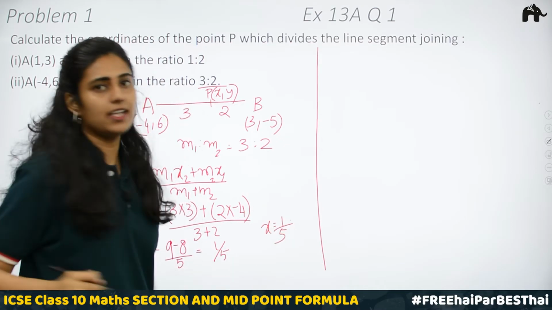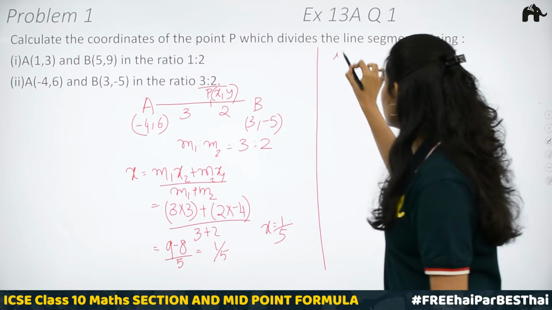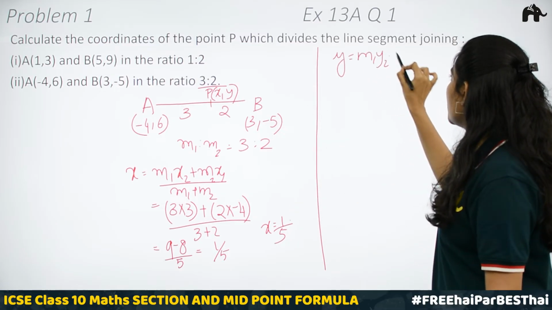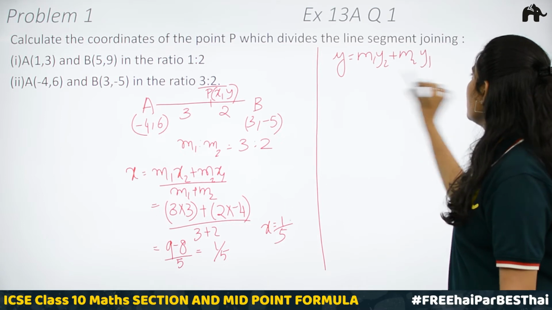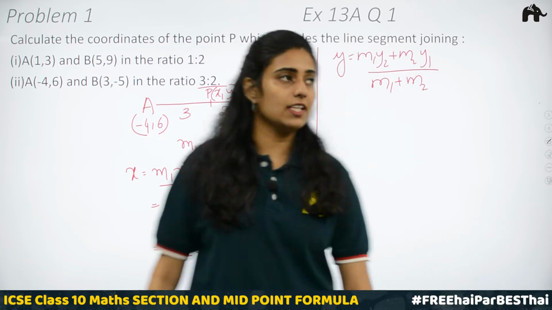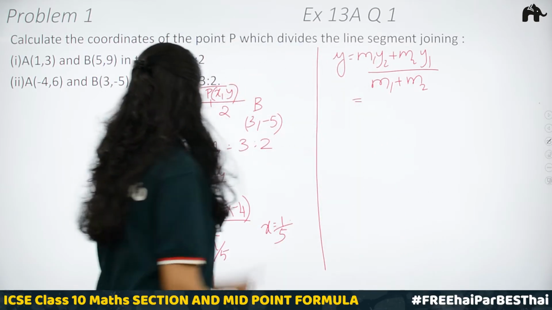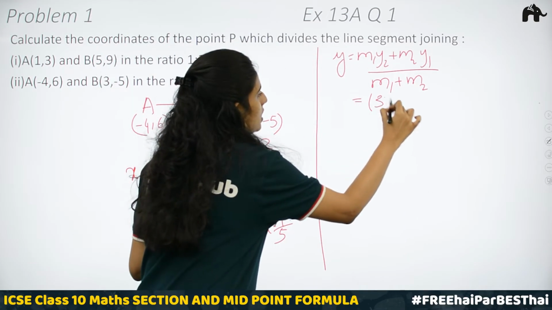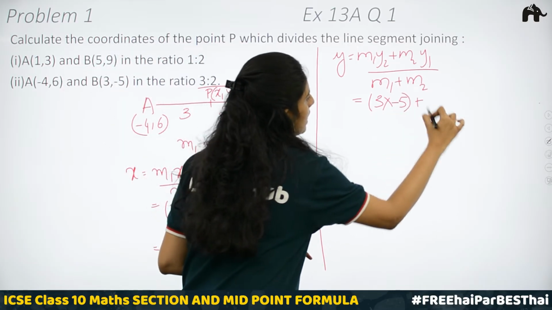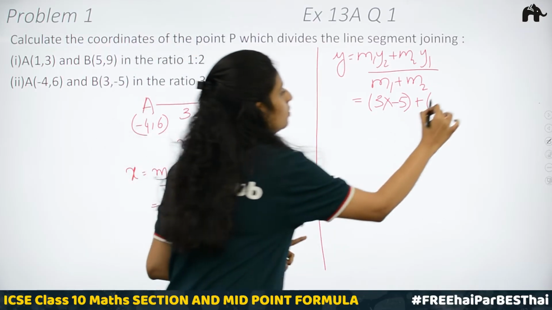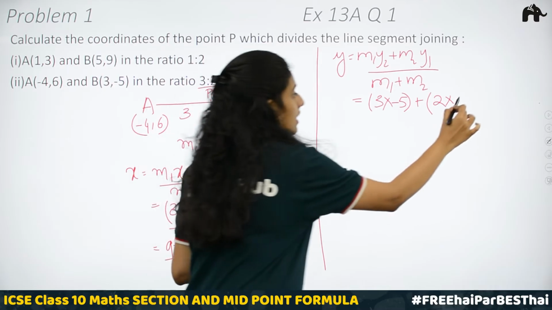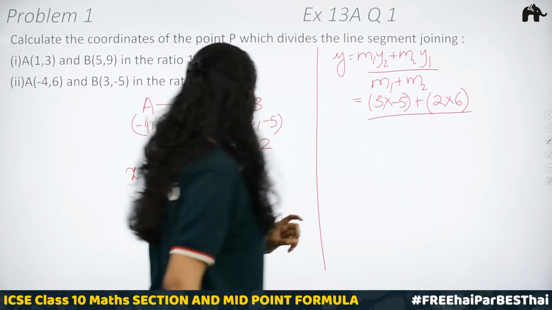Now we will find the y part. Y is equal to, what is y? M1 y2 plus M2 y1 divided by M1 plus M2. Now put the values. What is M1 here? Here M1 is equal to 3 into y2 is equal to minus 5, plus M2 y1. M2 is 2 into y1 is equal to 6, divided by M1 plus M2.